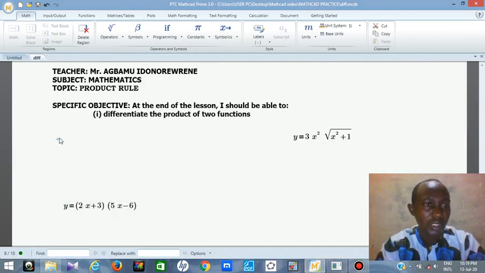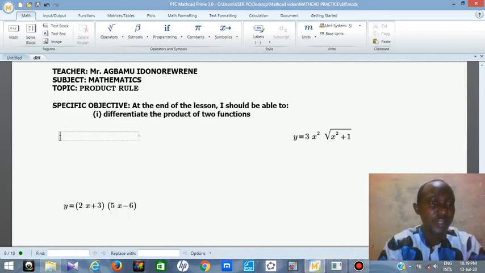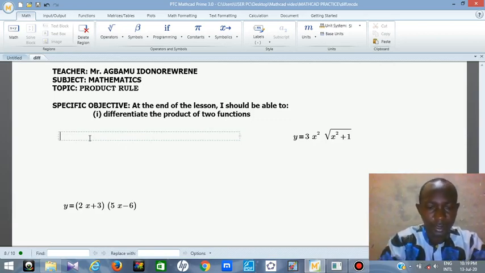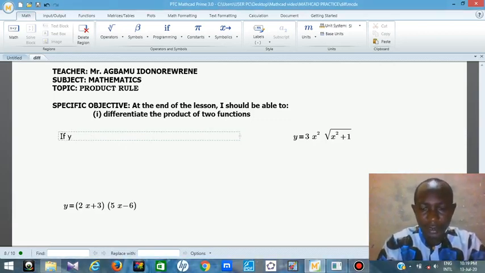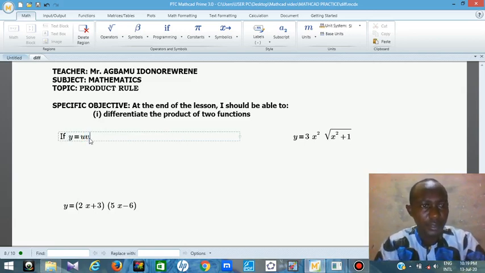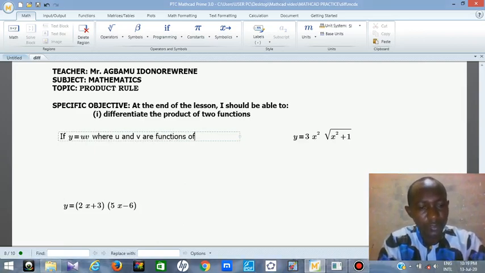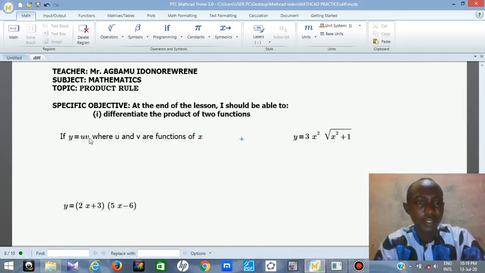Product rule says if you have two functions, if y is equal to uv, where u and v are functions of x, where u and v are functions of x.